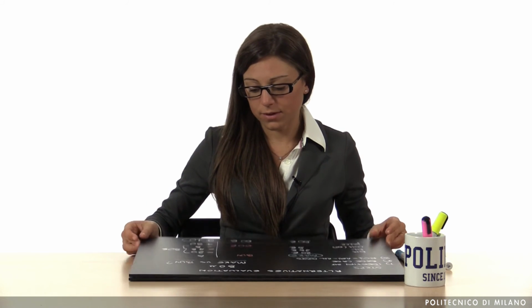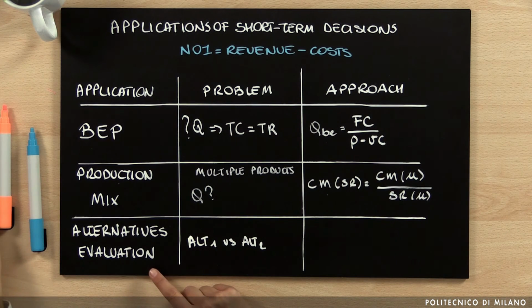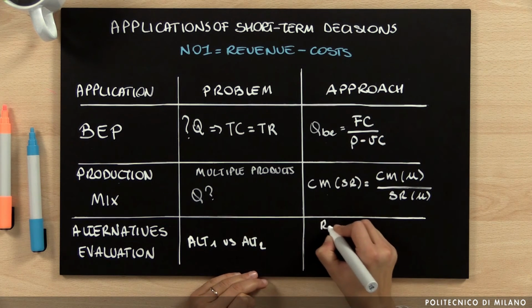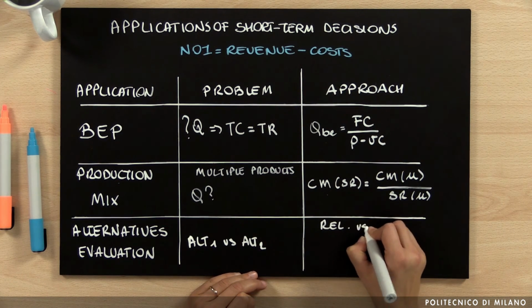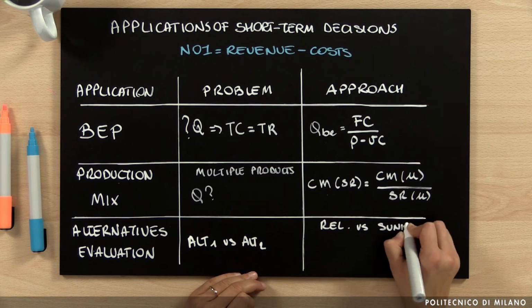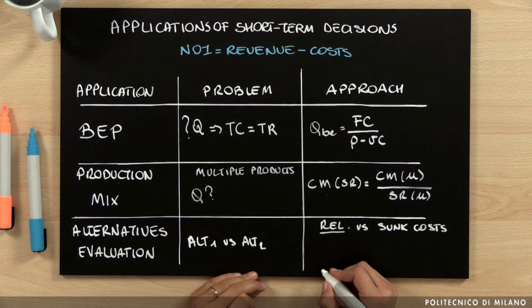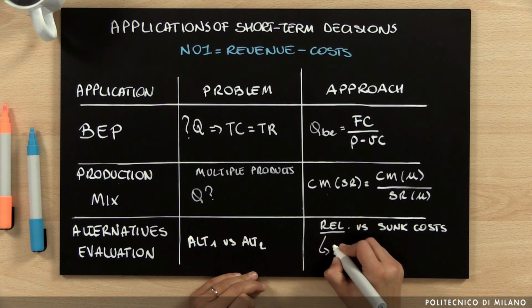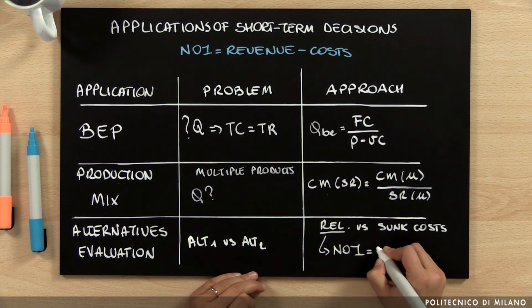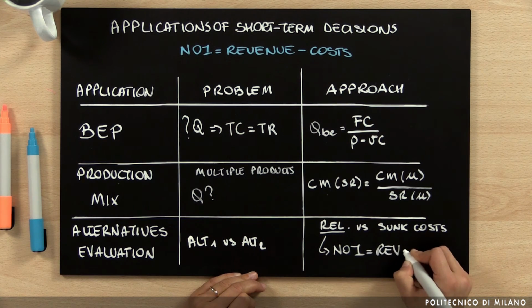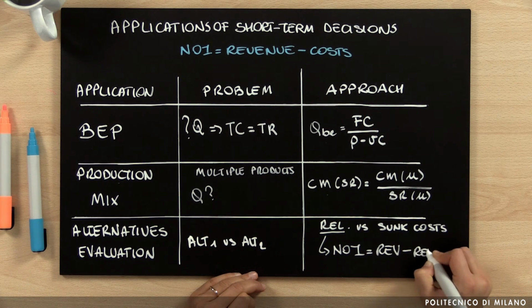If we want to summarize everything and go back again to our reference schema for applications of short-term decision, we can say that in the moment in which we are evaluating alternatives, the approach that we use focuses on the distinction between relevant versus sunk costs, and the focus is on the relevant costs only, so that we can calculate the net operating income as the difference between the additional revenue of our alternative minus the relevant costs.